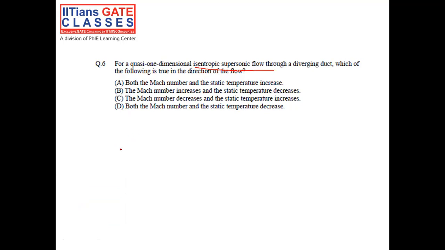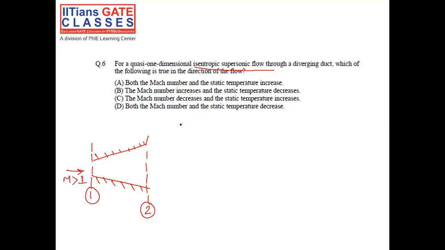So for a diverging duct, this is the inlet of the diverging duct, this is the outlet of the diverging duct. The flow is isentropic, reversible adiabatic, and the incoming flow is supersonic.